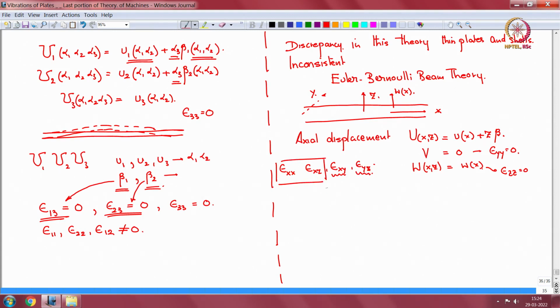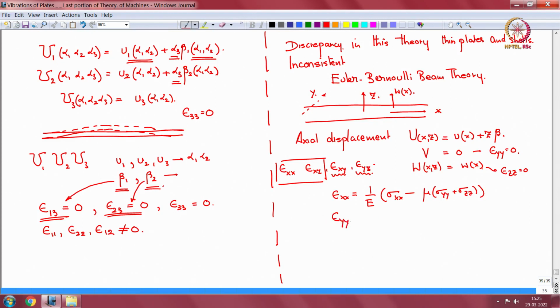Okay. So if we write the Hooke's law, epsilon xx is 1 over E sigma xx minus mu times (sigma yy plus sigma zz), okay.